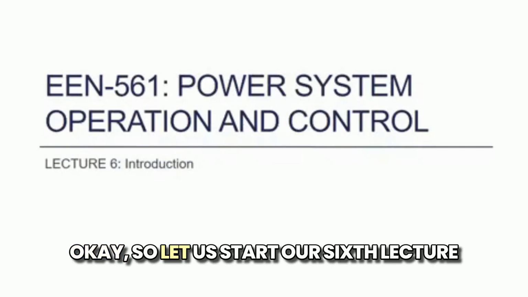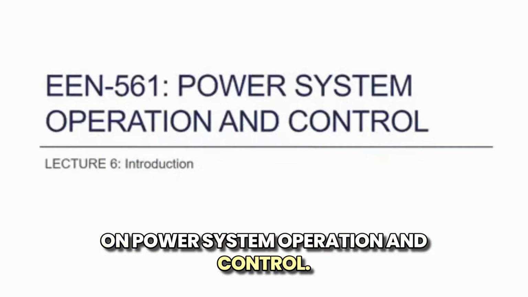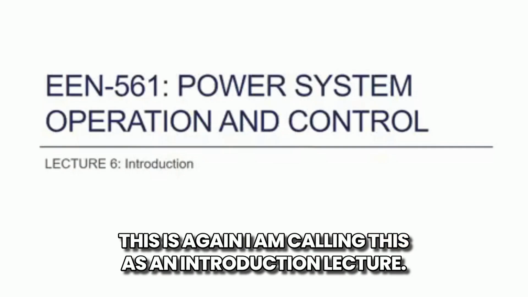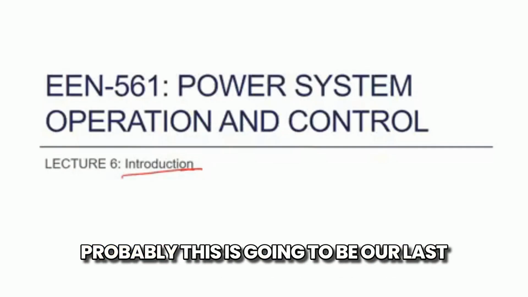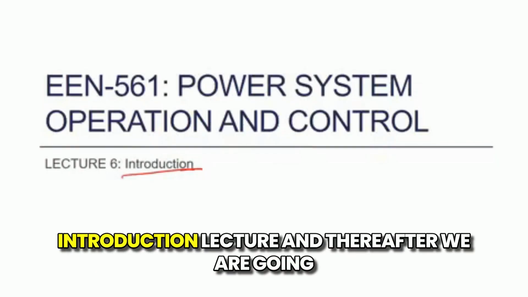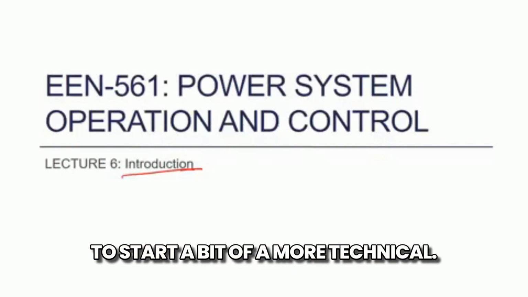Okay, so let us start our sixth lecture on power system operation and control. This is again an introduction lecture. Probably this is going to be our last introduction lecture, and thereafter we are going to start a bit more technical.